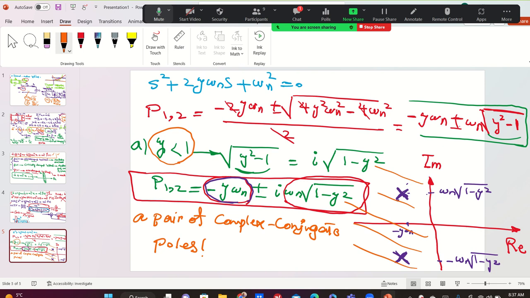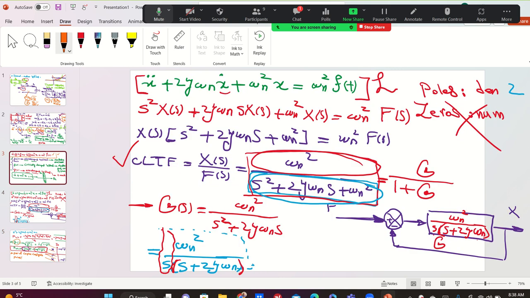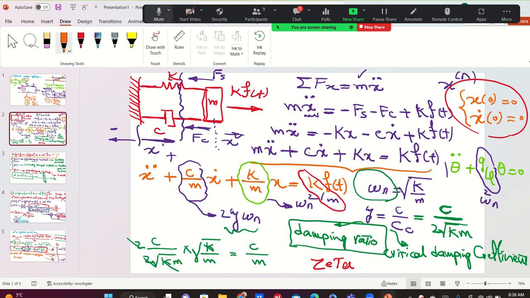Okay? Now, what was the question? No, I didn't say that. I didn't say that your system is stable if you have pure complex poles. If you have pure complex poles, where is that?